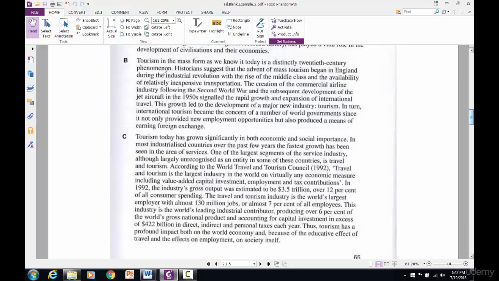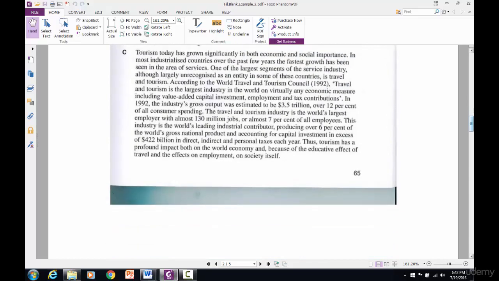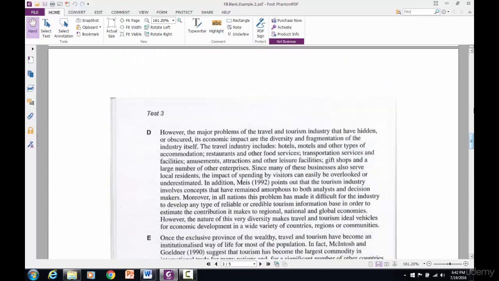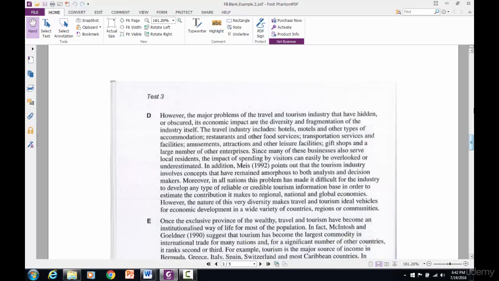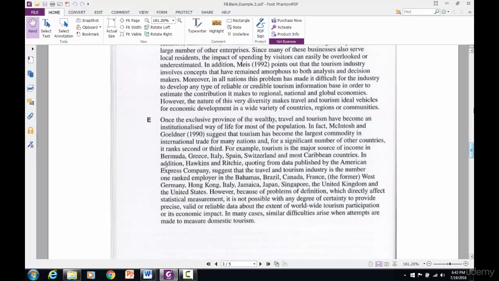I'll go left, diagonal, right, diagonal. I haven't seen it yet. If you see it before me, let me know. There we go. All right, here's the word Greece right here.